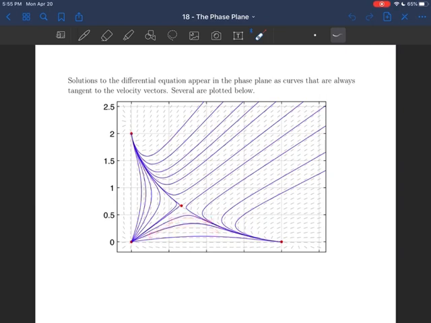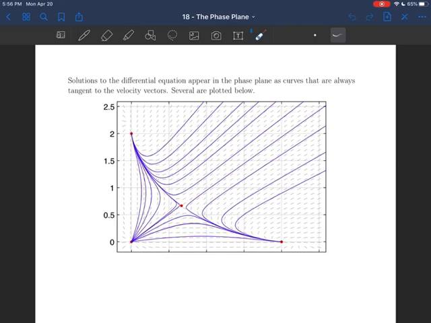So solutions to the differential equation appear as curves that are always tangent to the vector field that we've put in. This has a few more arrows in it, but this is a bunch of different solutions. Each of these blue curves represents a different solution to the differential equation depending on where you start. Now, one of the nice things about these systems is because of Theorem 6.1, we know that we have unique solutions at points on the plane as long as all the partials are continuous and things like that.